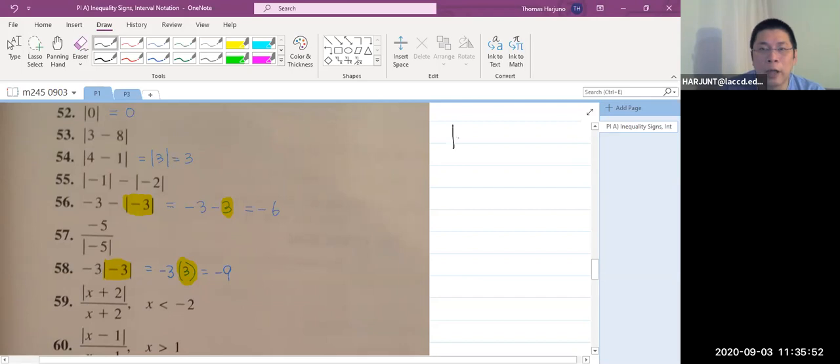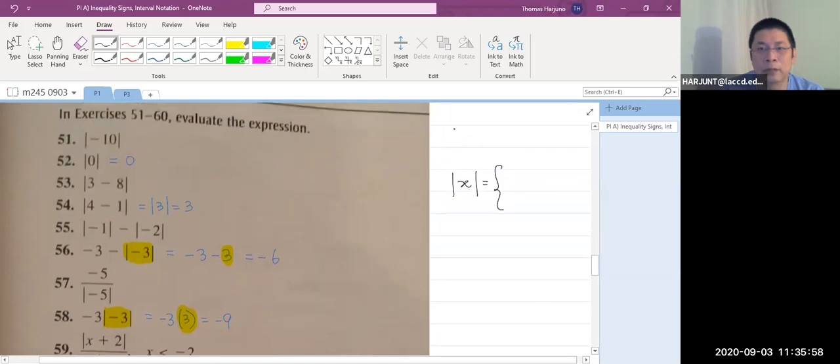Now, absolute value of x is equal to x if the guy inside the absolute value is at least 0, while it is equal to negative x if x is negative. The reason is because absolute value of anything will be either positive or 0.